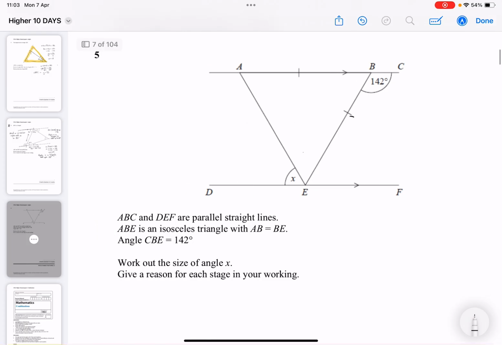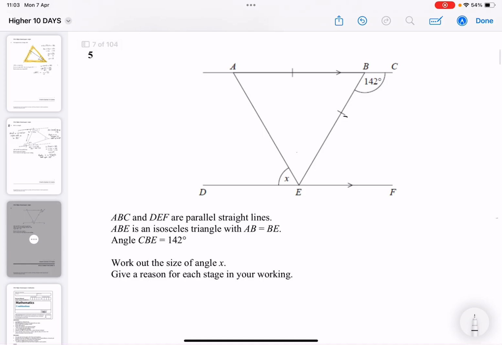Right, finally, ABC and DEF are parallel straight lines. I can see that there. ABC is an isosceles triangle. AB and BC are the same. I can see that. Angle CBE, which is marked as 142, work out the size of angle X. First thing on here, first of all, I've got a straight line here.